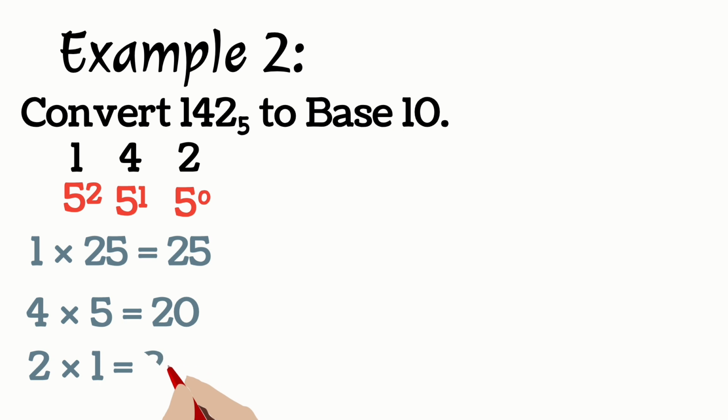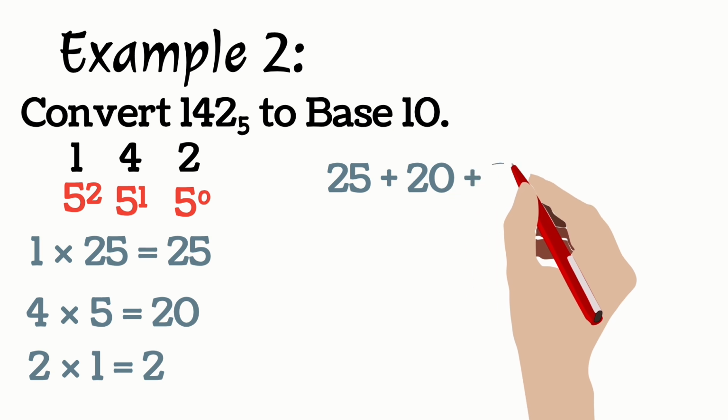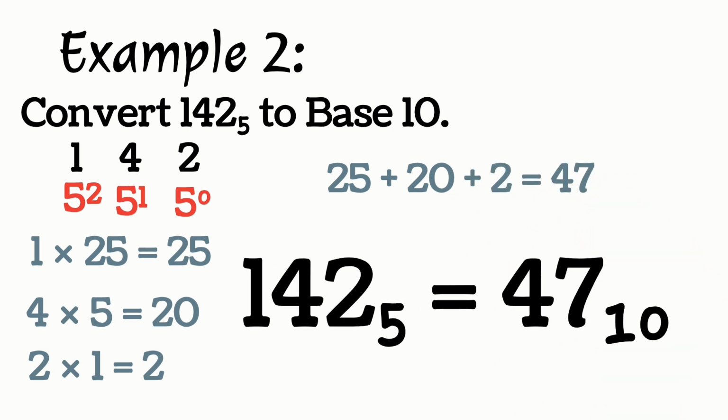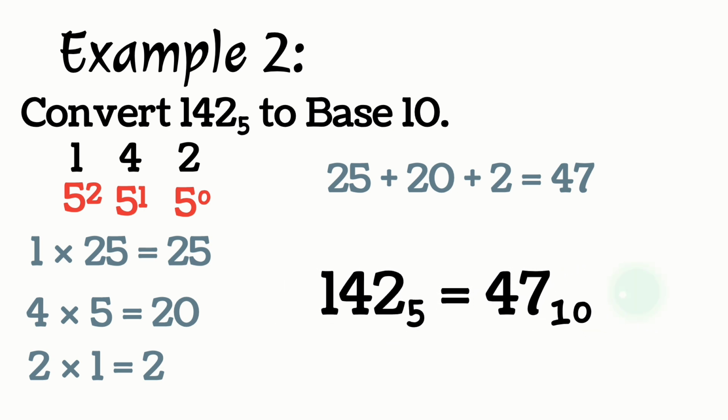So now let's sum up all our answers. We have 25 plus 20 plus 2, which gives us a total of 47. So our answer is 142 base 5 is equal to 47 base 10. Great job!